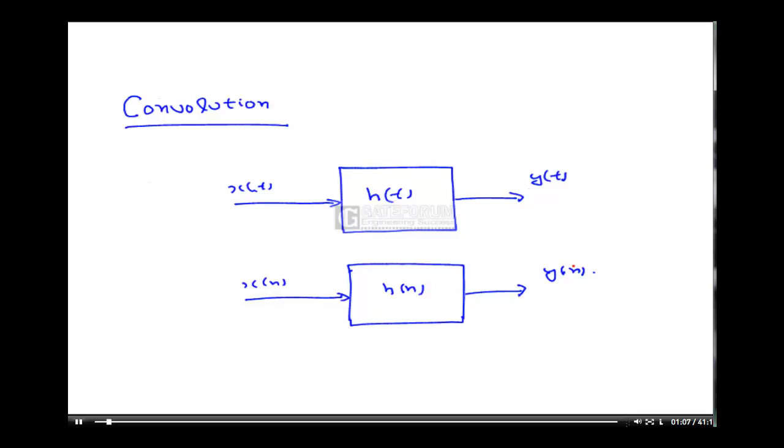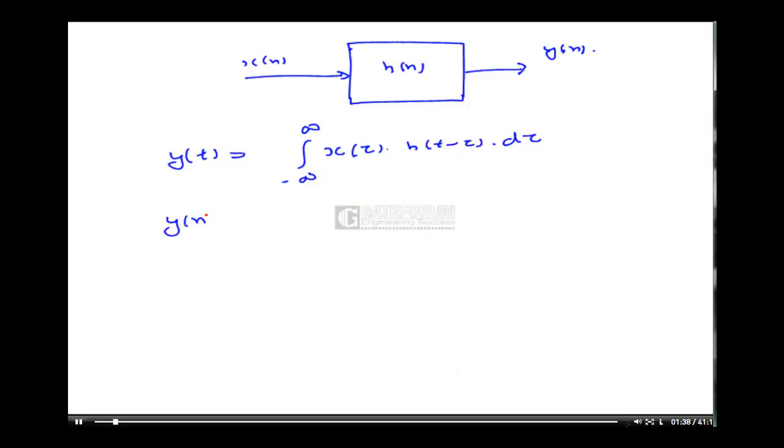Okay, see, the expression for y(t) is the integral from minus infinity to infinity of x of tau h of t minus tau d tau, or in terms of discrete time functions I can write it as the summation over k from minus infinity to infinity of x of k h of n minus k.